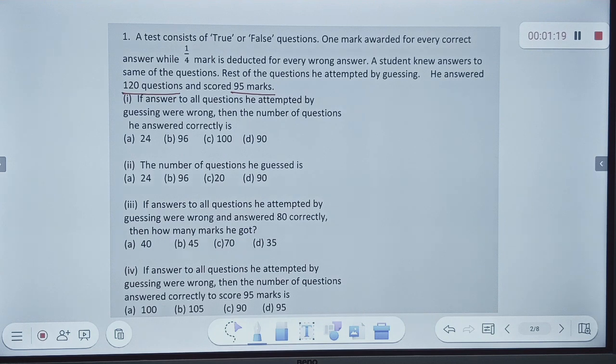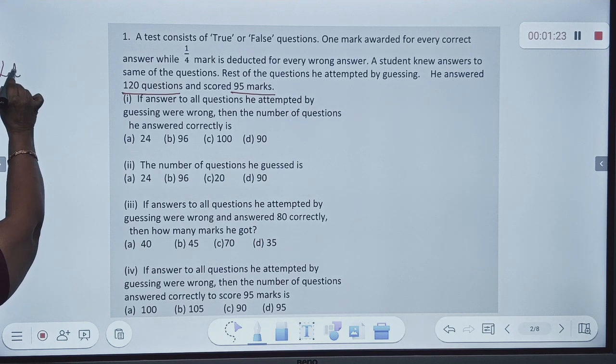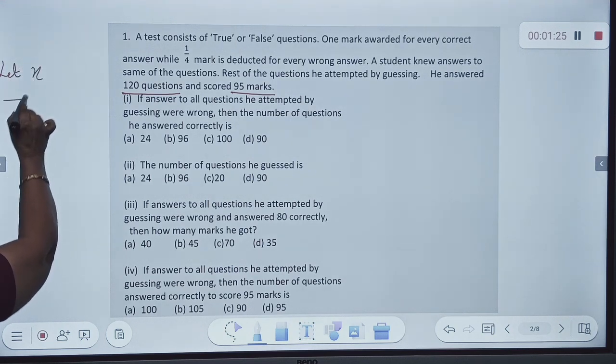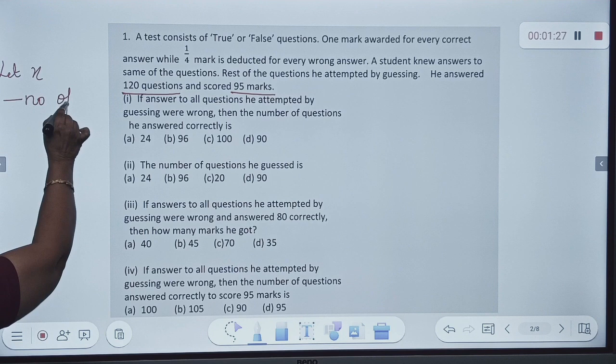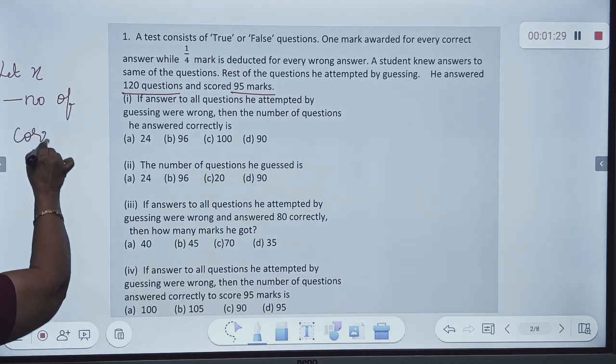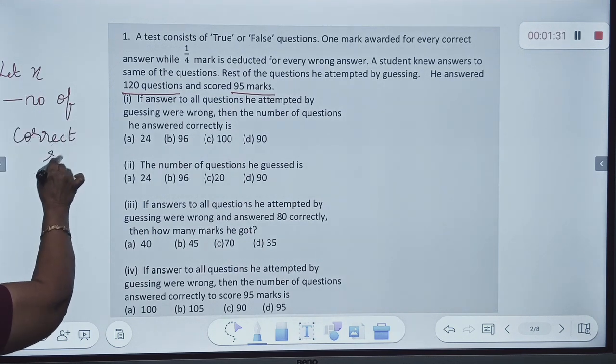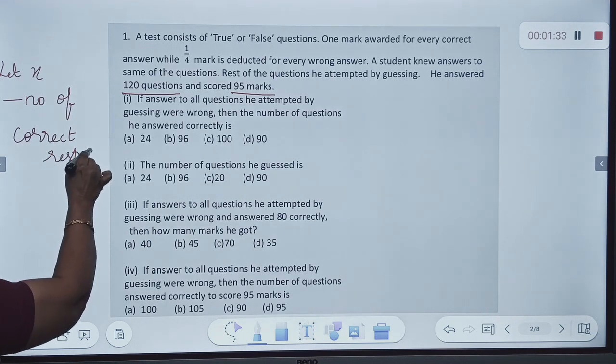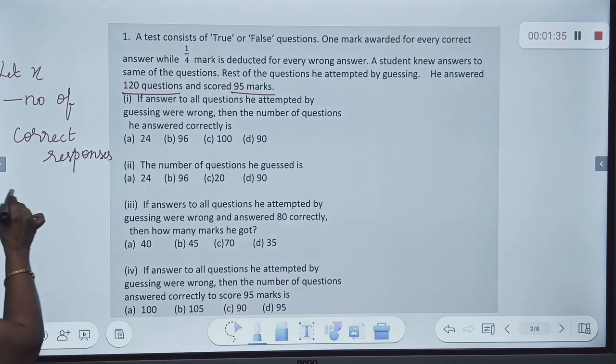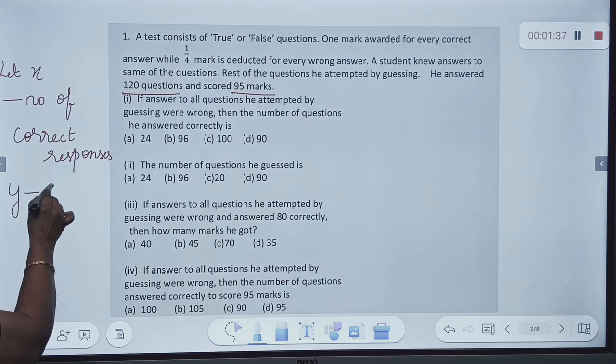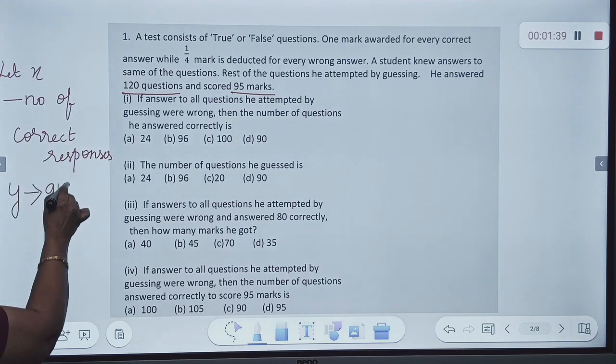Okay, so let us first fix the variables. So let x be the number of correct responses because he knew the answer. Let y be the answers that he got by guessing.